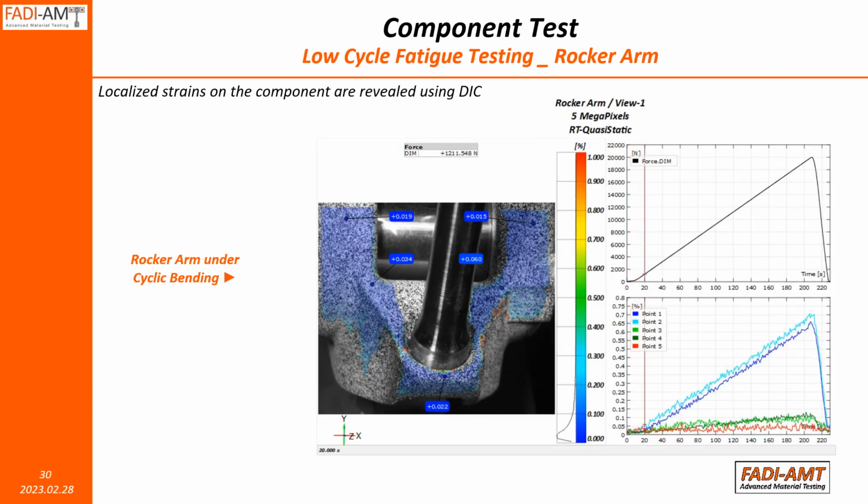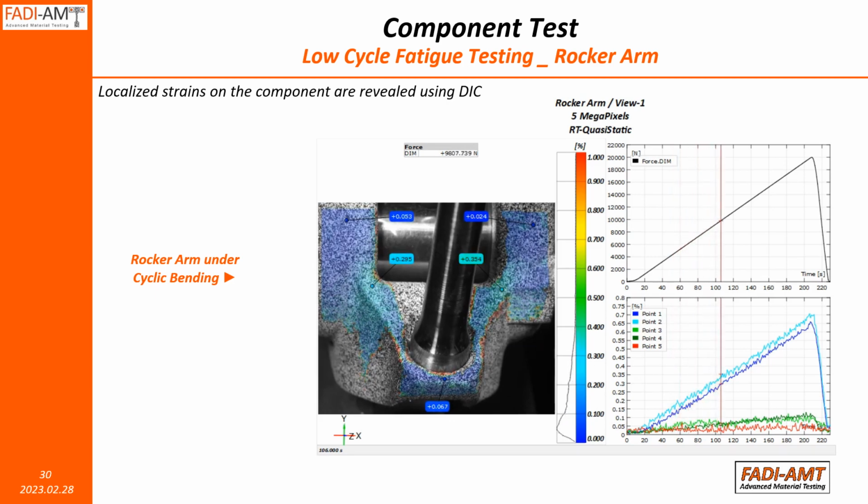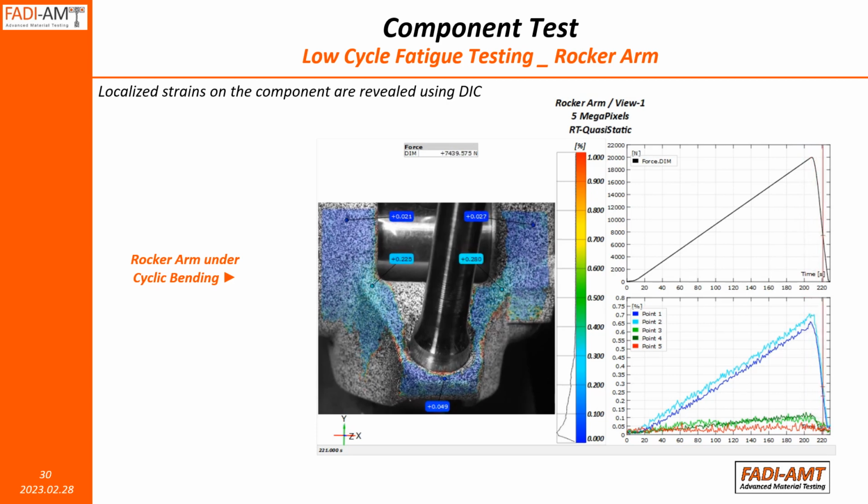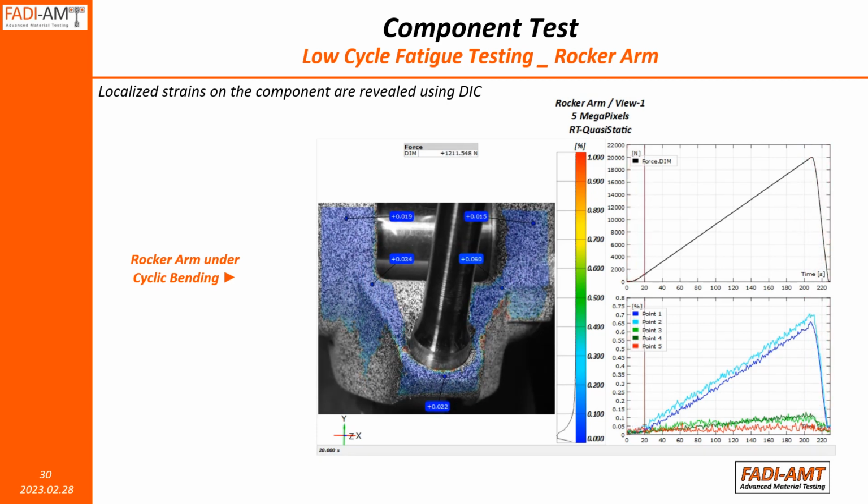I'll quickly go to a video that was one of the outputs of this test. On the right hand side is the force going from 0 to 20 kilonewton before it drops and then picks up again. This video is showing one cycle of that fatigue test.